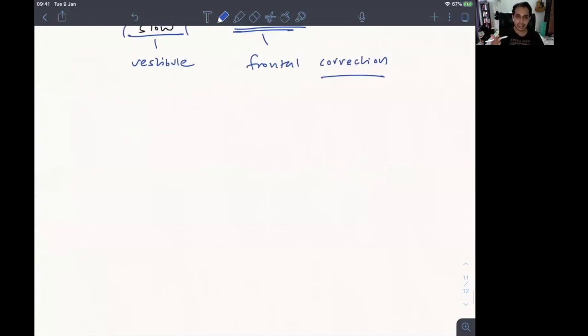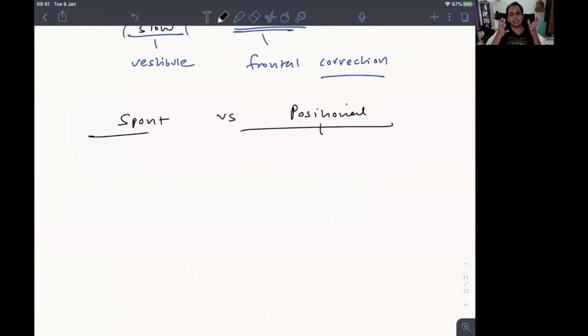Second is that the nystagmus can be spontaneous. So while just sitting, there may be nystagmus, or it may be positional. That is called the Dix-Hallpike maneuver. Spontaneous versus positional. In positional, there is something called the Dix-Hallpike maneuver, in which we make the patient supine.